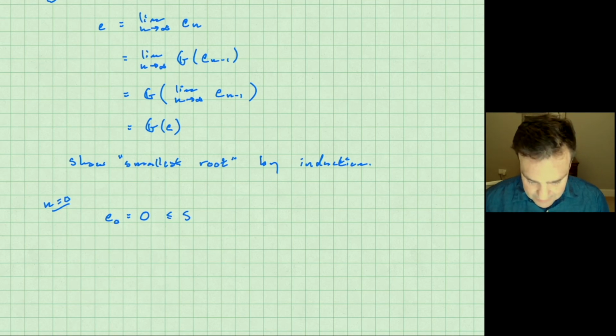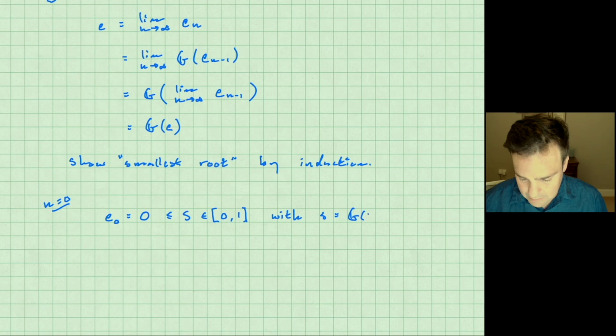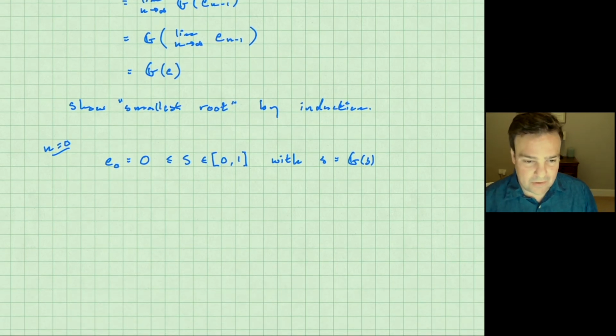And that's less than or equal to any s in the interval 0 to 1. So it's certainly less than or equal to any s that satisfies this root. Okay, so it's all right for the base case.